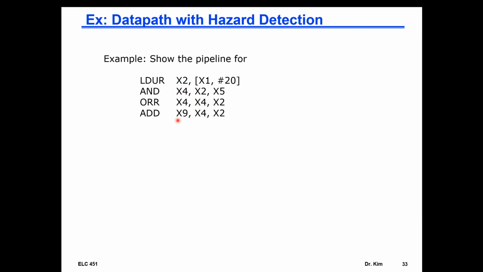But these are arithmetic instructions. These are just data hazards. So let's look at this sequence from the perspective of forwarding, load detection, and producing the stall. So these are the types of hazards that we have here.